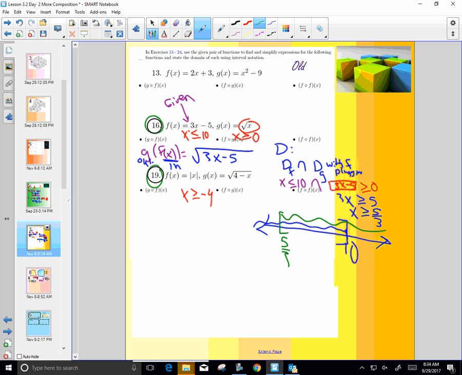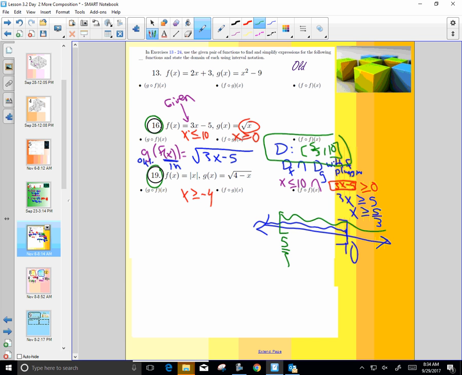So my domain is between 5/3 and 10. Is that hard? I think it's kind of hard. I think it's kind of tricky. But that's the domain of g of f of x. Guess what you're going to do?